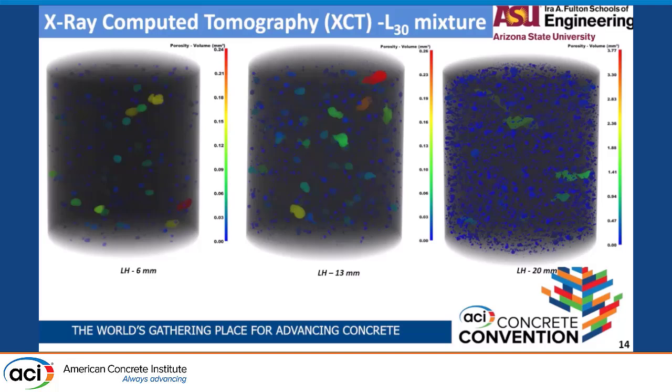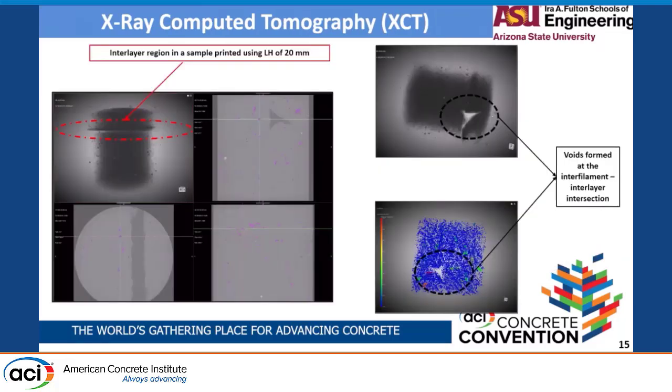And there are concentrated pores in a region, which are formed at the intersection of the interfilament and interlayer interface, as shown in this slide. If you see this void, this is for a 20 mm sample.